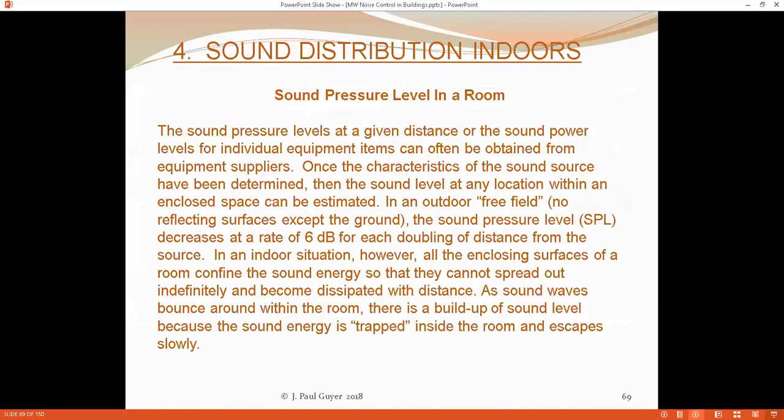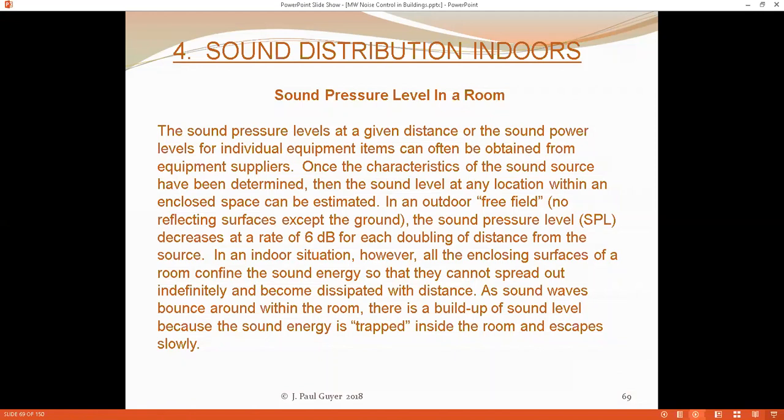Now, okay, you've gone into the source room and you've measured the sound that's being produced with your sound level meter and using the ASTM methodologies, and you come up with a single number that represents the sound being produced in the source room. Say it's 90 decibels.